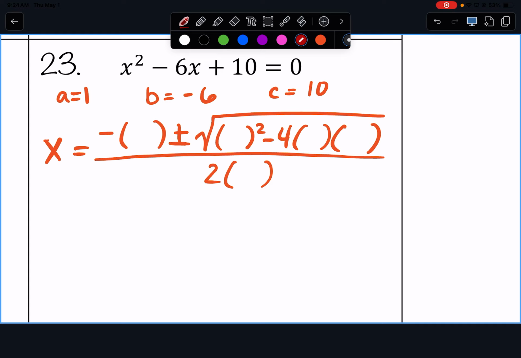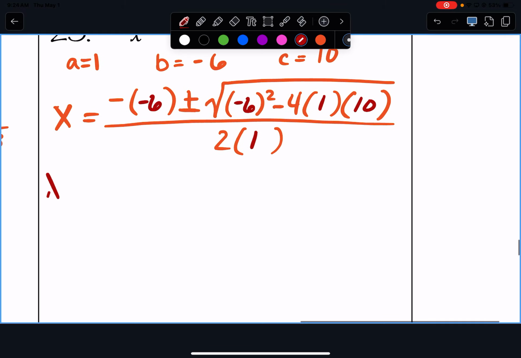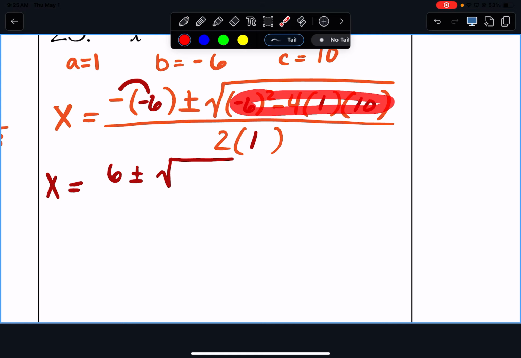Negative, negative negatives. Negative 6, plus or minus the square root of b squared minus 4 times 10, divided by 2 times 1. All right. Now we get x equals negative and a negative make positive 6 plus or minus the square root of, what is this value?